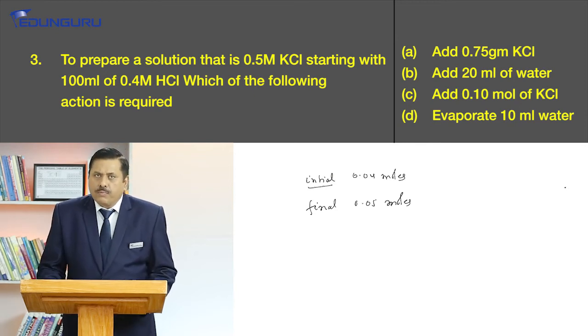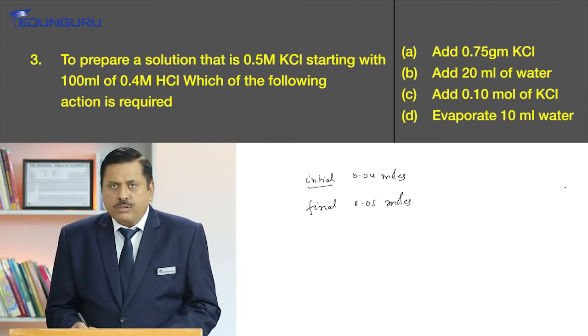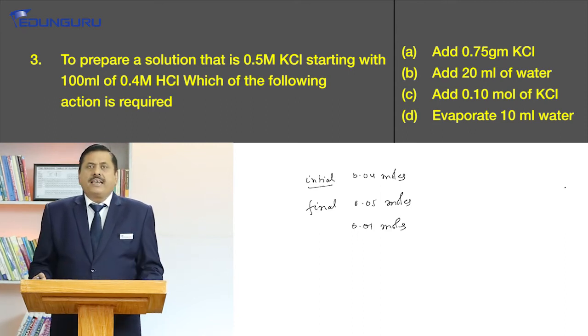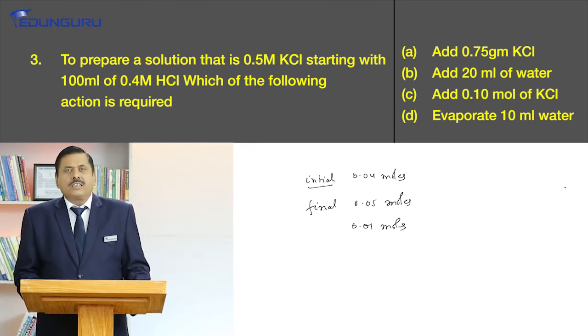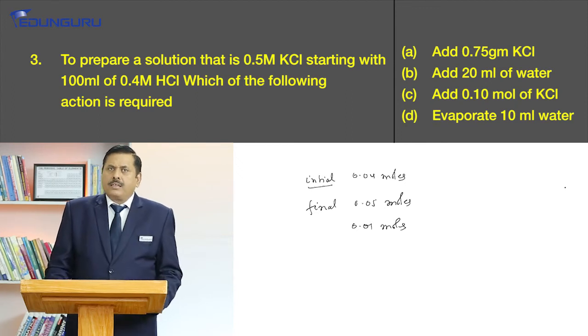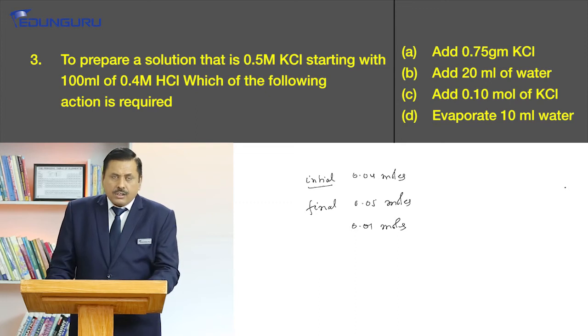Now option C is again ruled out. How many moles do we need to add? 0.01 moles. While in option C, how many moles are added? 0.1 mole. So definitely the concentration will increase manifold. So without solving, just by mental calculation, we can arrive that the answer should be A.